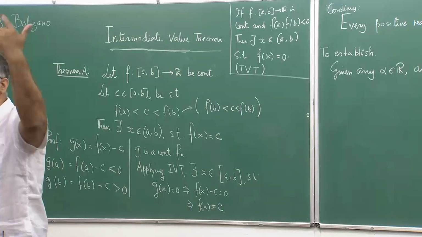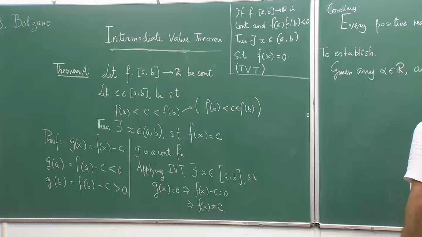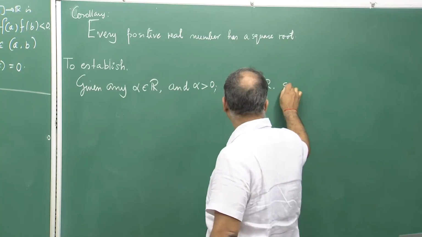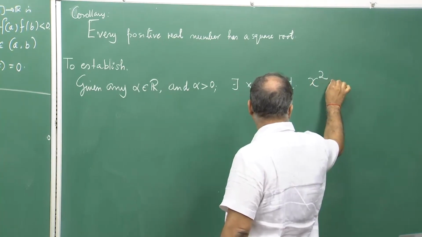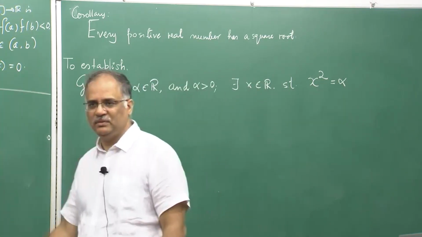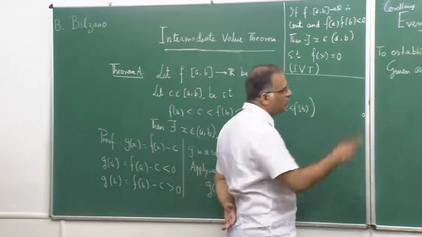So, x would be the square root of this number. So, there exists x element of R such that x square is alpha, which means x is the square root of alpha, right.